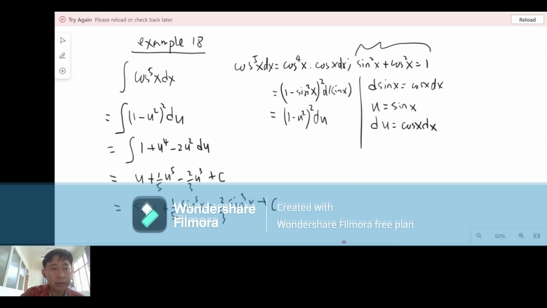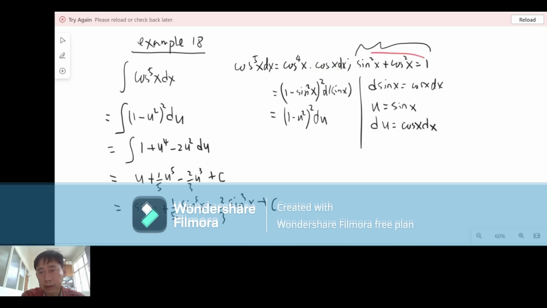As a conclusion, we have discussed how to perform integration for cos raised to an odd power. The trick is to break the odd power cos into the product of an even power and a linear power of cos.